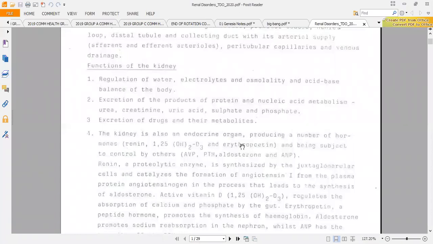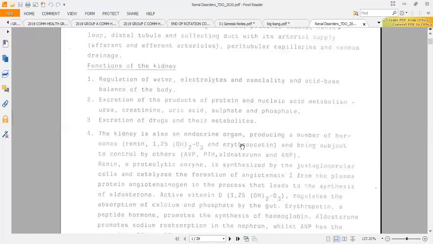So the kidney is also an endocrine organ. Its function as an endocrine organ is to produce the hormone erythropoietin. Erythropoietin is a hormone which stimulates hematopoiesis.